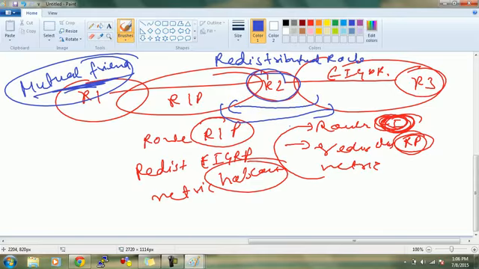Mutual redistribution means I have to redistribute EIGRP into RIP and RIP into EIGRP. So the routes will be known by EIGRP also, and EIGRP routes will be known via RIP also. Mutual redistribution means I am redistributing from RIP to EIGRP and from EIGRP to RIP. This thing is clear.